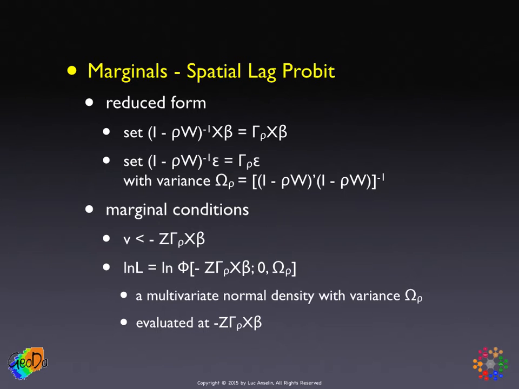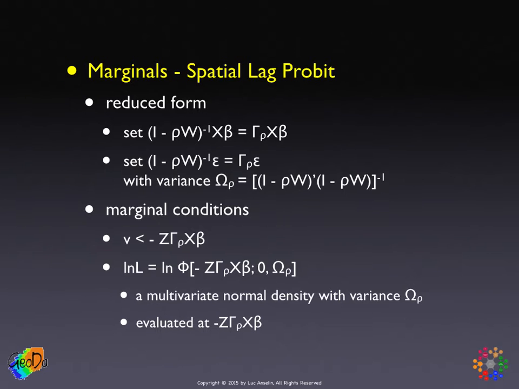So the marginal conditions then are very similar to the ones we had for the classic probit. We again have v, which is either negative u sub i or positive u sub i, less than negative Z, again the diagonal matrix with the 1 minus 2 y sub i on the diagonal, times the gamma transform, the inverse matrix, x beta.